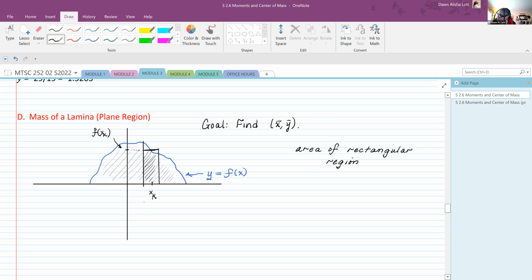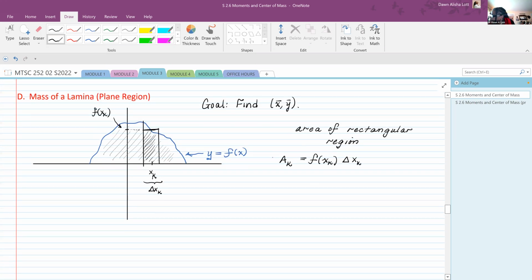We're going to call this length delta xk. The height is f of xk, and the length is delta xk. And that's just the area for that one region. We can call that Ak or delta Ak.